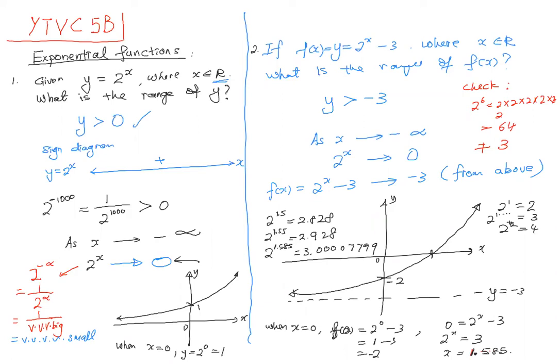The 2 is called the base of the function. The x is the index, which is the variable. In a power term, the base is the variable and the index is a constant. That is the difference between exponential and power, or polynomial, as we call it.